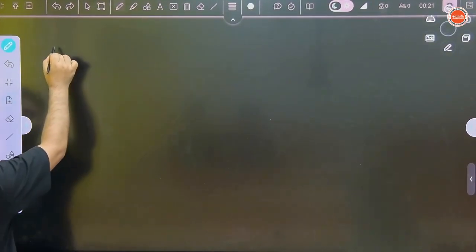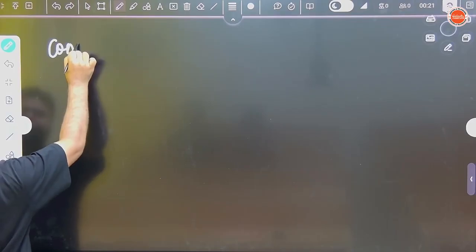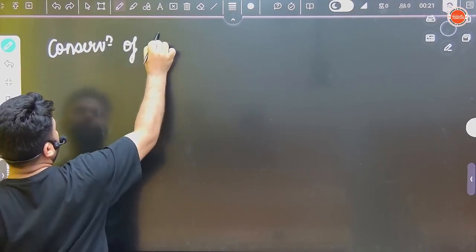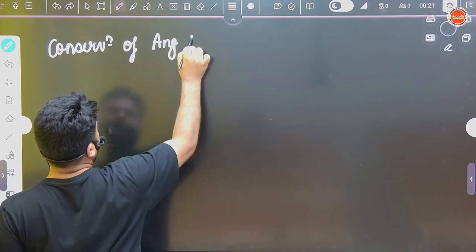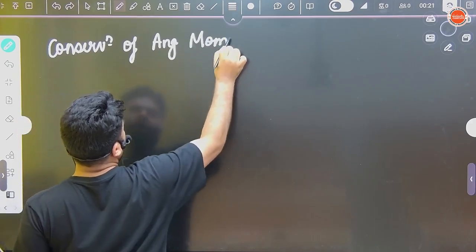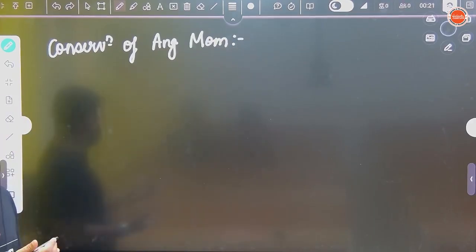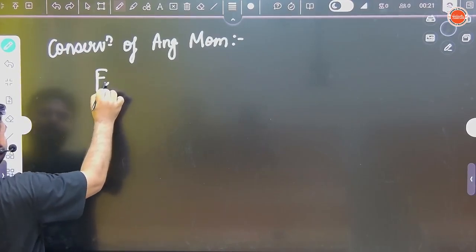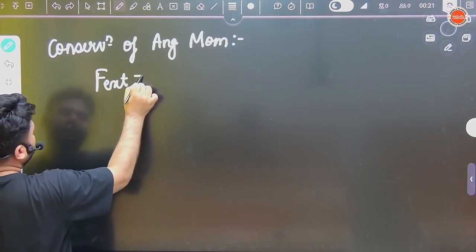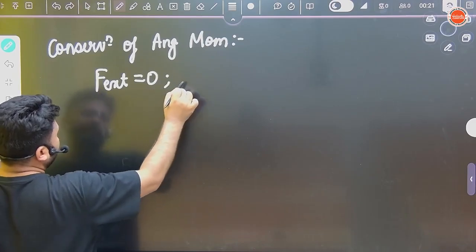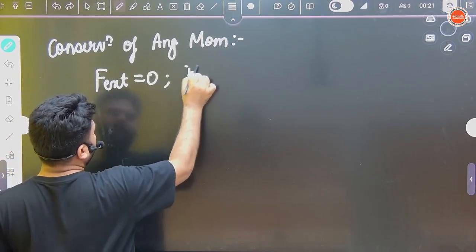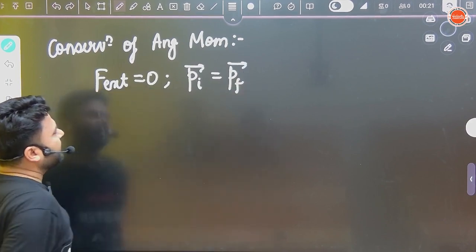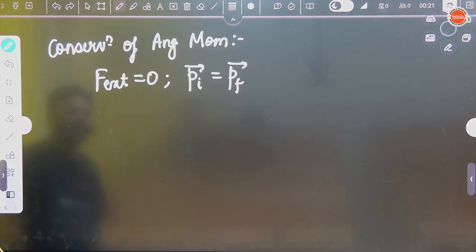Now conservation of angular momentum. What was conservation of linear momentum? If external force is 0, then total momentum initial equals total momentum final. Momentum gets conserved.